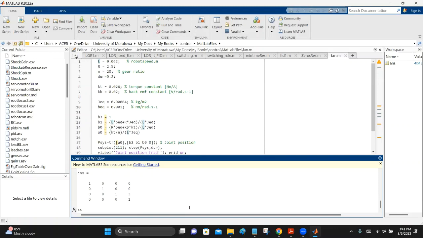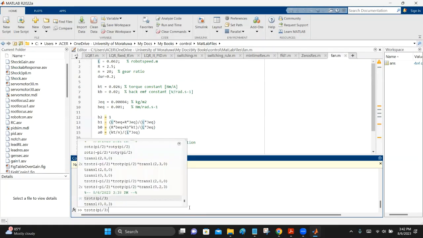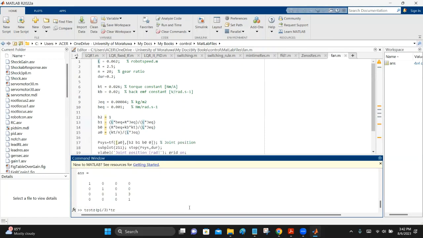Now, if you combine these two together, first one is rotation, and second one is translation, 0, 0, 3. This is the screw operation. There you can see the top left 3 by 3 part is the rotation part, and the fourth column, first three elements, is the translation, 0, 0, 3.